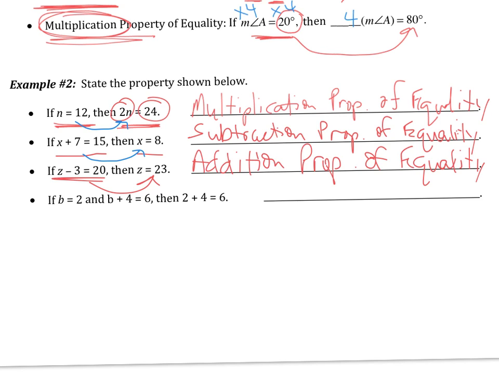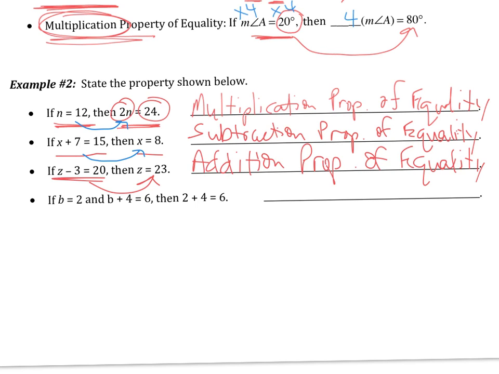All right, so this one, if b equals 2, so we already know that b equals 2. We already have that solved. And b plus 4 equals 6, then 2 plus 4 equals 6. What did we do from here to here? What changed from here to here?